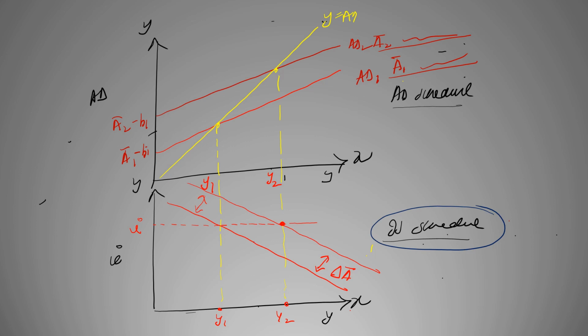Now we'll just recap once. In the exam, if you're asked to derive the IS curve, you'll take I1 and I2, right? Different AD curves due to different rates of interest.